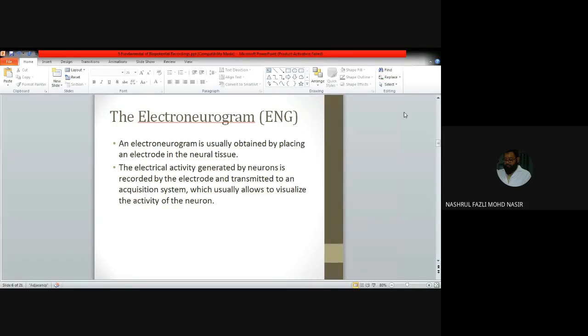You transmit it to the acquisition system, and then you can see the activity of the neuron. If you understand this, you can see the activity of the neuron.